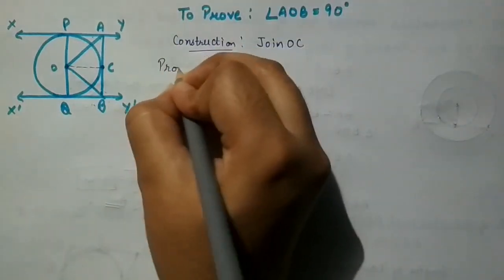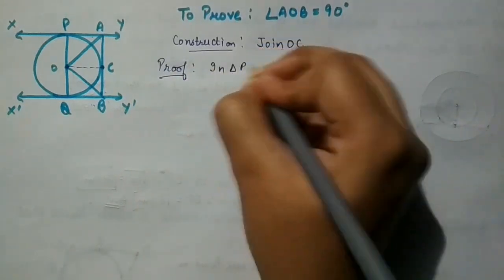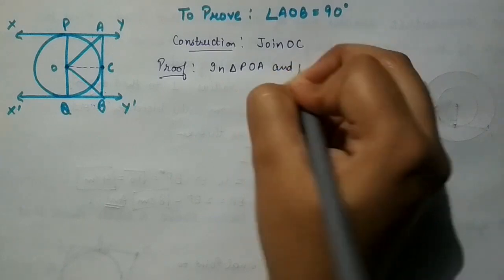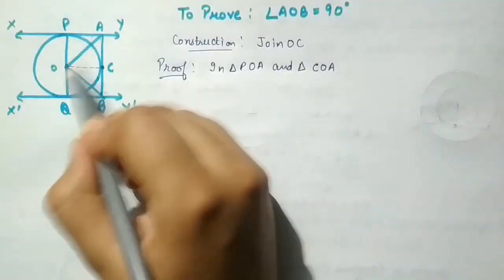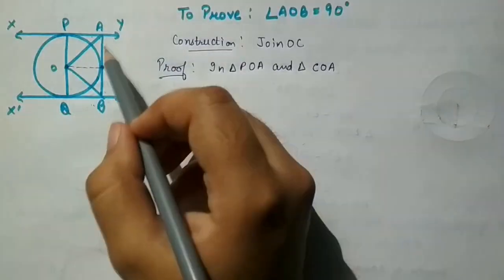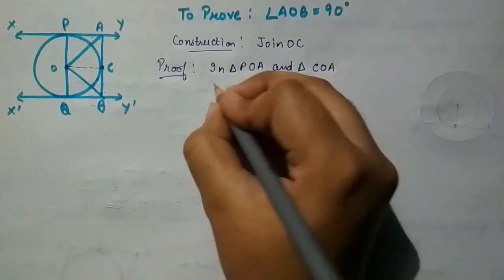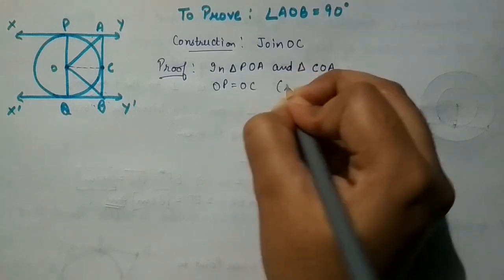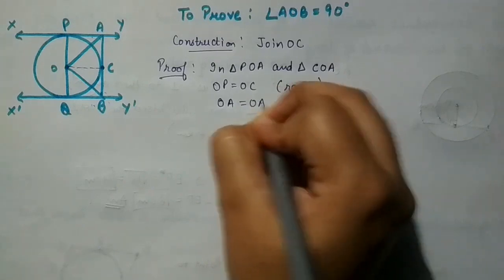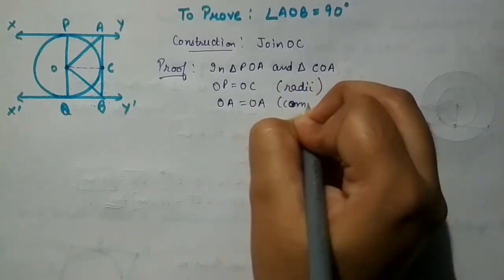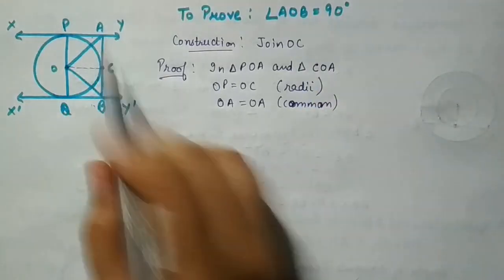Now we are doing our proof. So we will say in triangle POA and triangle COA, we will use these two triangles. We will prove these triangles to be congruent. How? We will say OP is equal to OC, radii, therefore they are equal, and OA is equal to OA, common, and the third will be PA is equal to CA.